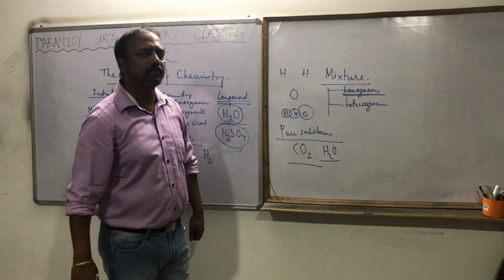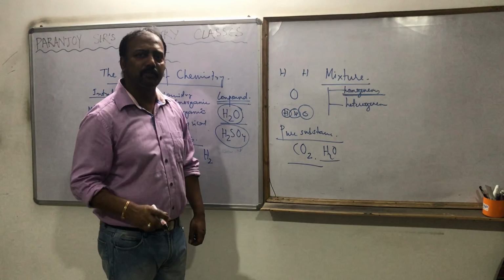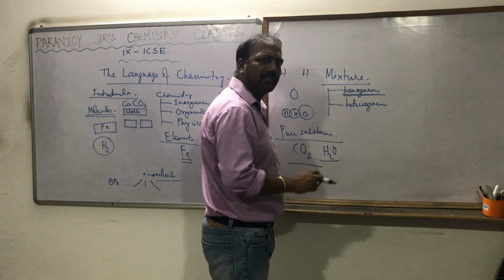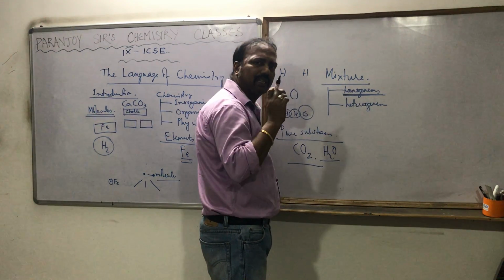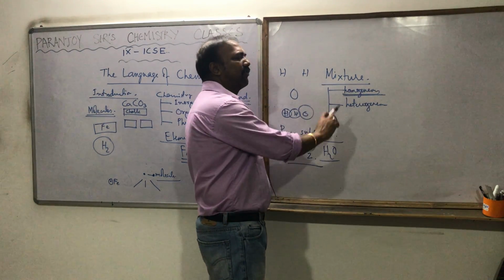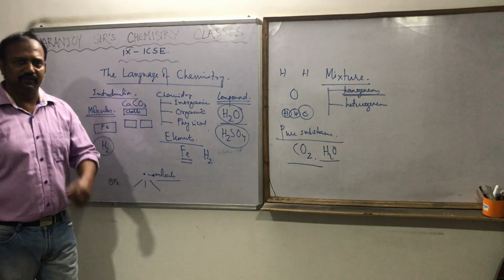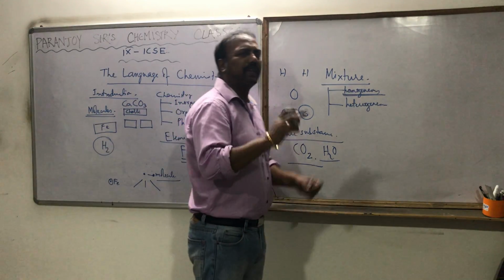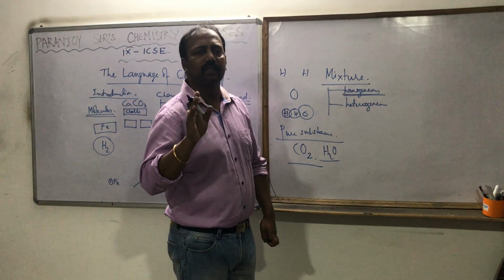So what is a homogeneous mixture? When substances added in any proportion are mixed uniformly so that none of the substances can be apparently viewed separately, those are called homogeneous mixtures. And what are heterogeneous mixtures? The mixing cannot be uniform.